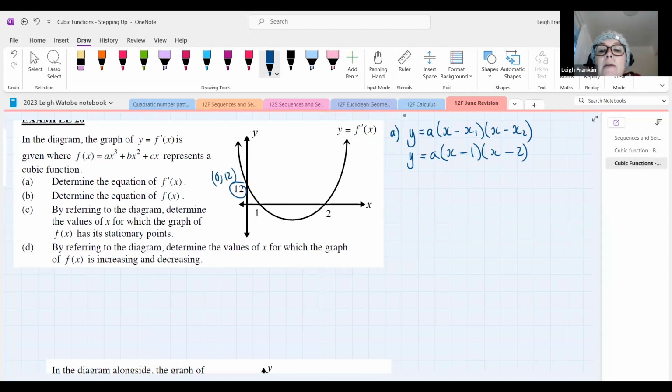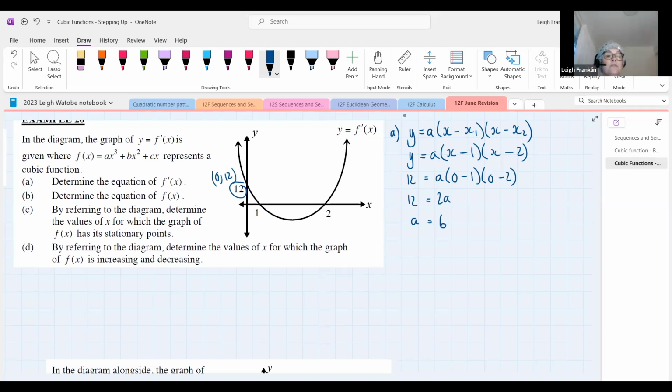So when x is 0, y is 12. These two brackets are being multiplied together and then by a. So -1 times -2 is 2. This gives us 2a is equal to 12. Divide both sides by 2 and a would be equal to 6.